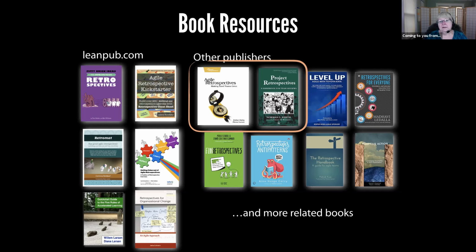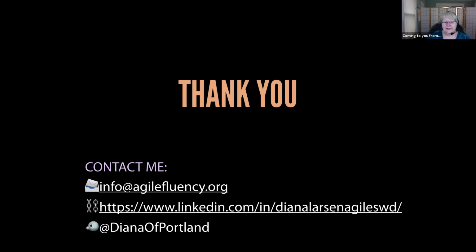Certainly, I recommend getting the Agile Retrospectives book and the Project Retrospectives book. I would get those two first if you don't have them. And then beyond that, I'd start picking among these other 6 that I have here. And then there are a lot more out there as well. But these are just your starter set of things you can look at.